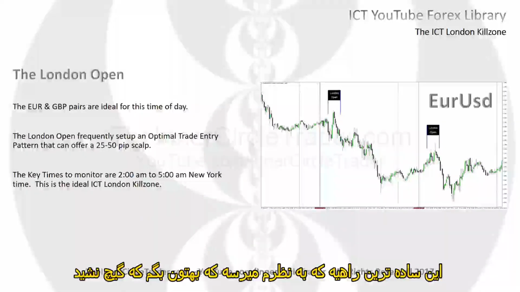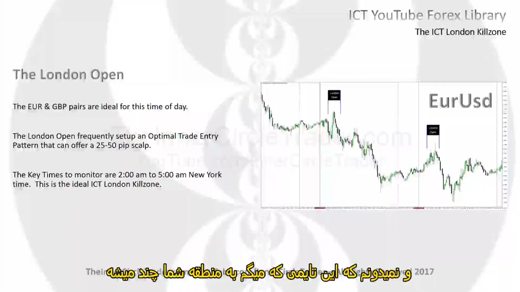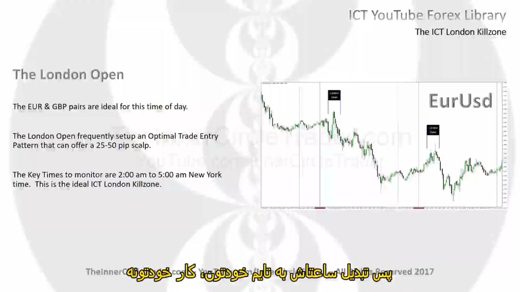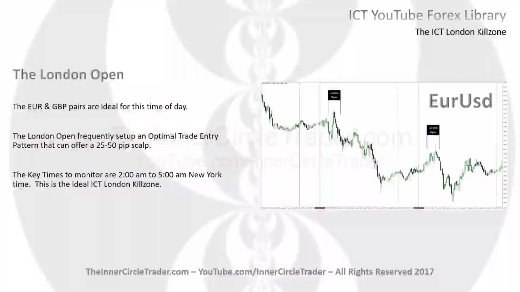It's the easiest way I can overcome that barrier, because it's been a point of confusion many times, because I don't know where you are globally, and you're all in different locations of the globe. I don't know what the translation is going to be in terms of time, so the conversions are going to be up to you. But the ideal ICT London Killzone for your learning is going to be 2 a.m. to 5 a.m. and it's relative to New York time.